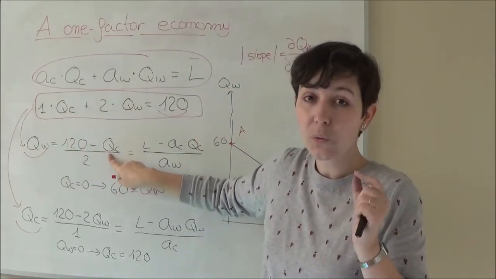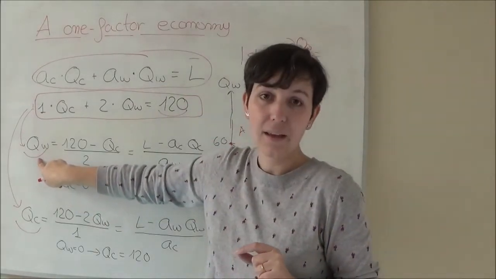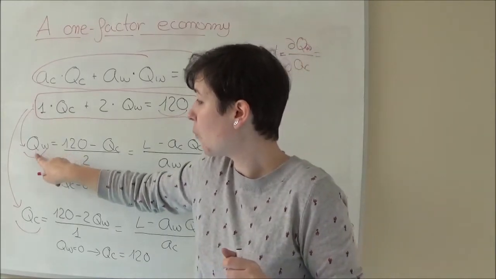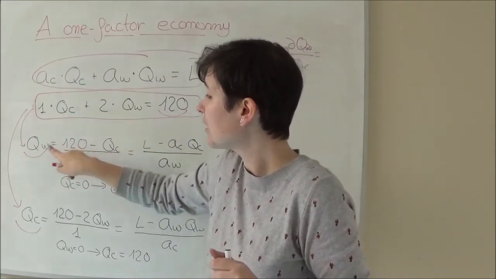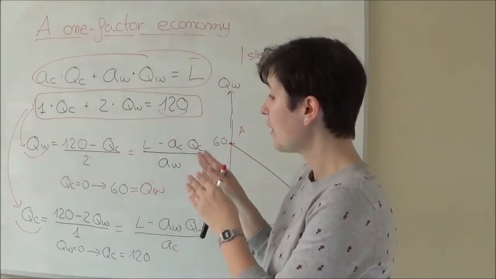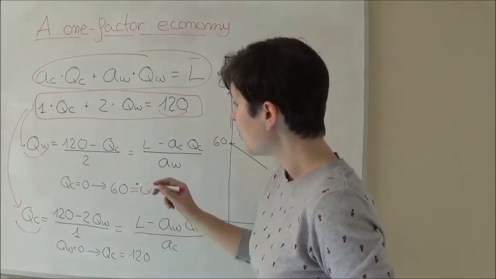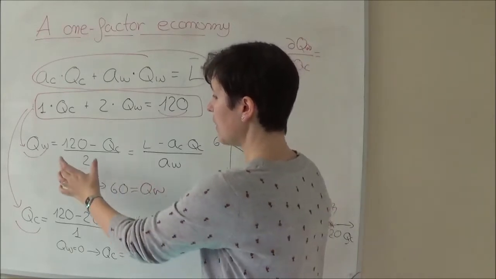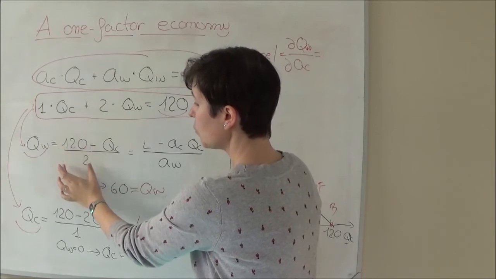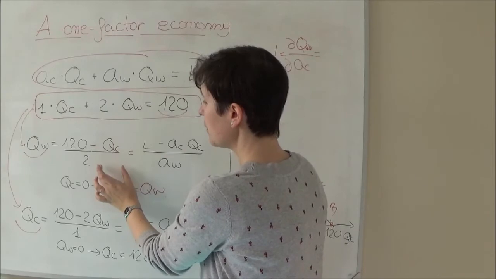Okay, always has to be in that way. So this variable has to be isolated, like it's here. So now you know what is the connection between one and the other, how this can change the other one. That is the thing that you're looking for. In fact, to resolve that is just taking the derivative. You can see that you have 2 terms, because this is also 120 over 2 minus the quantity of cheese divided by 2.